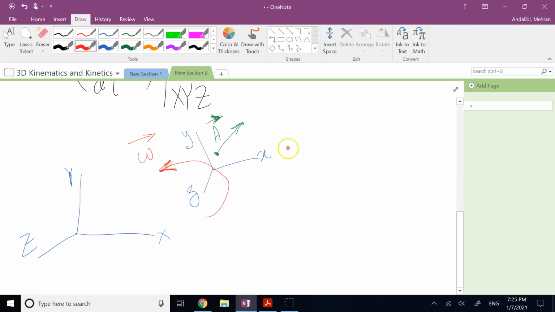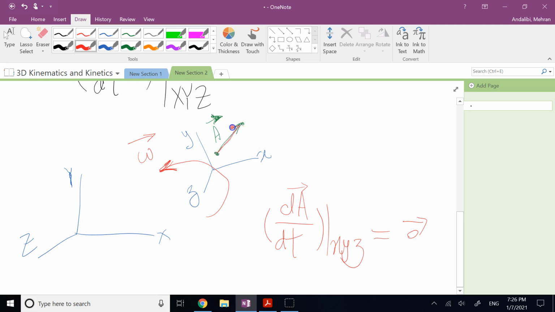Then if I ask what's the time derivative of vector A if I describe it in the small frame, small xyz, how much is that? Well, you say it's 0. Why? Because this is a vector with a constant magnitude, and it is a fixed vector here.